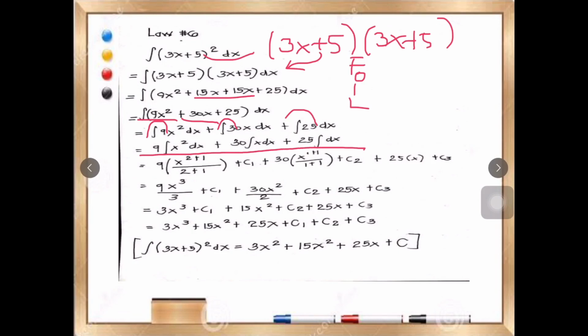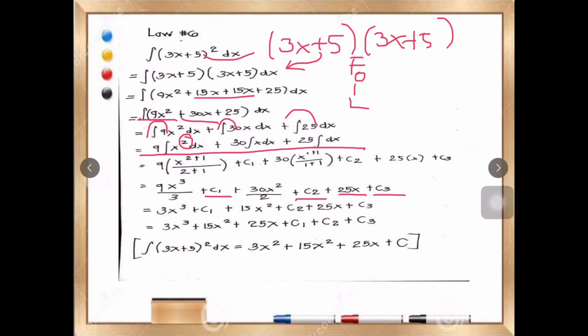Then, applying law number 4, we will get x to the third over 2 plus 1, exponent na 2 plus 1, plus arbitrary constant of the first term, plus 30, x natin, may imaginary 1 siya na exponent, plus 1, plus 2x squared over 2 plus arbitrary constant of second term. The integral of dx is x. So, 25 times x, 25x plus arbitrary constant of the third term.